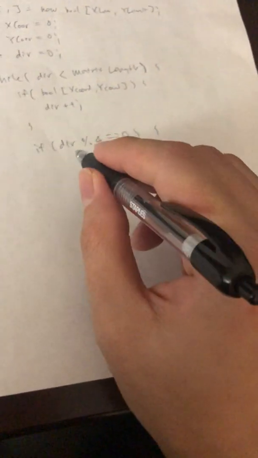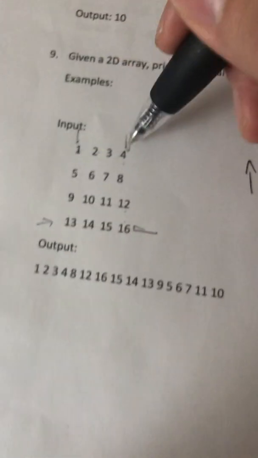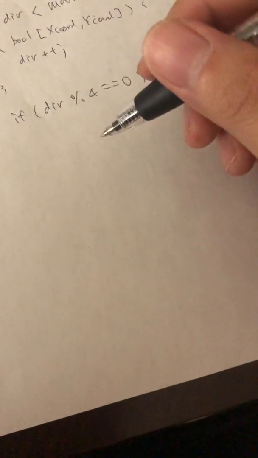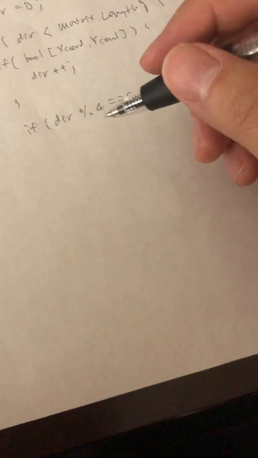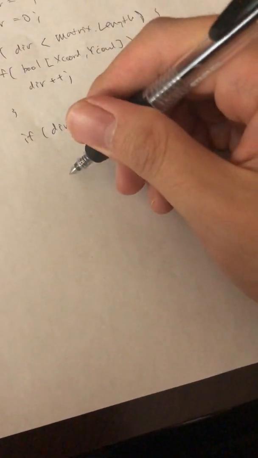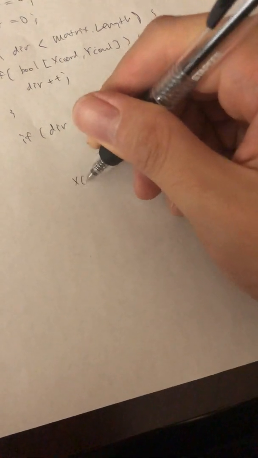if dir mod 4 is equal to 0, so that means I'm going in the right direction. If I'm going in the right direction, then I'm going to set x coordinate.